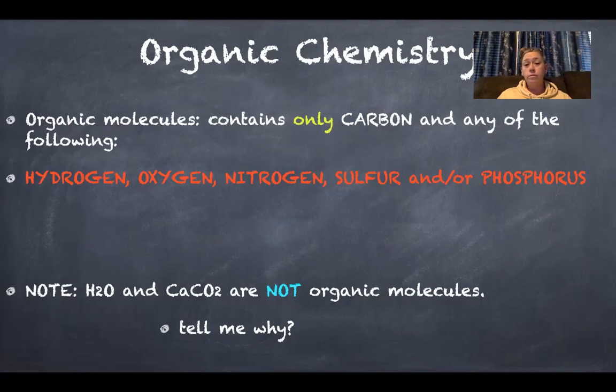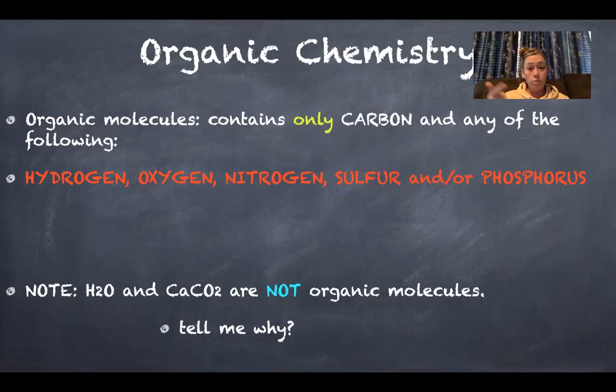Why? In your head, someone's answering, I know. Because it doesn't contain carbon, right? It contains hydrogen and oxygen, but there's no carbon. So if it doesn't contain carbon, it can't be organic. But now there's another molecule here, CaCO3. Ca is calcium, C is carbon, so yay, we've got our carbon.